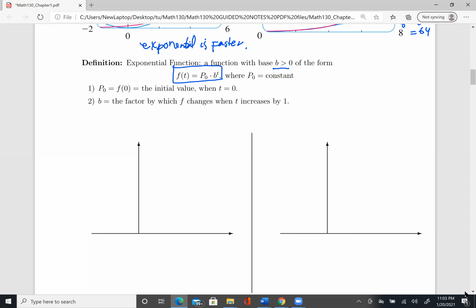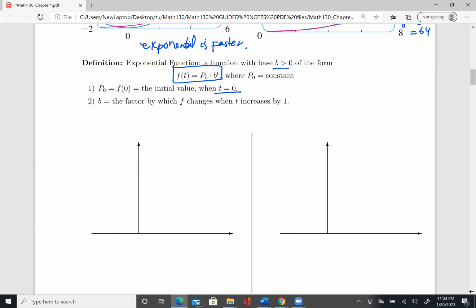So p0 equals f of 0, meaning whenever t equals 0, the initial value f of 0 is equal to p0. Also b is the factor by which f changes when t increases by 1.